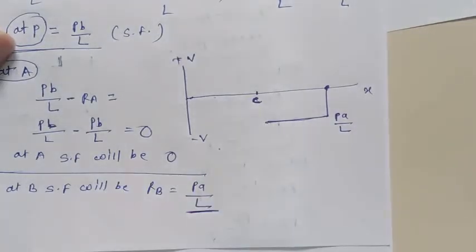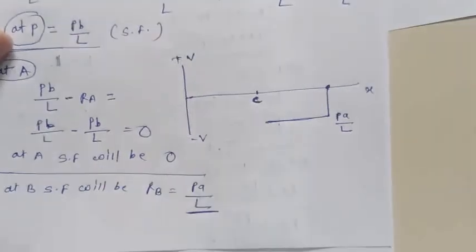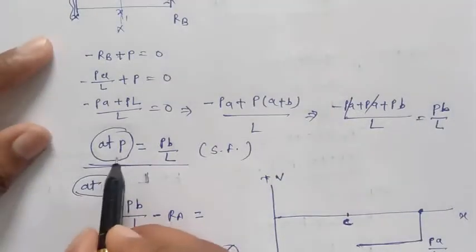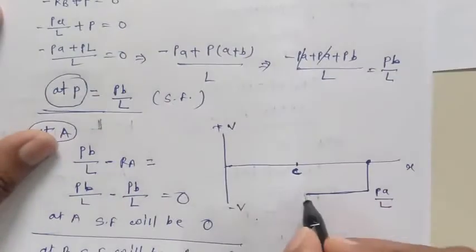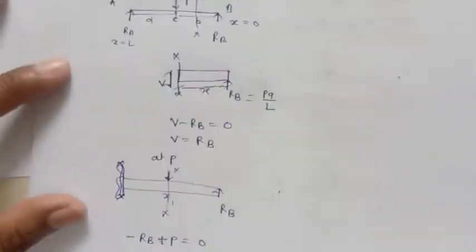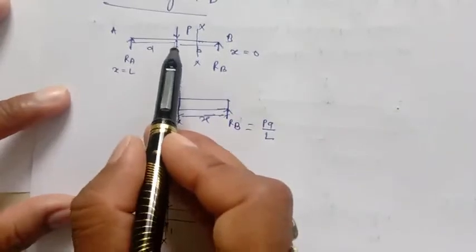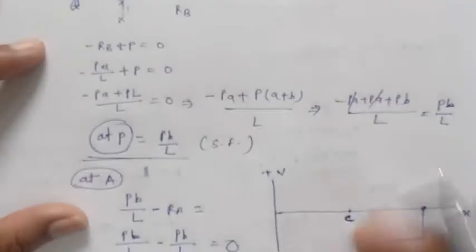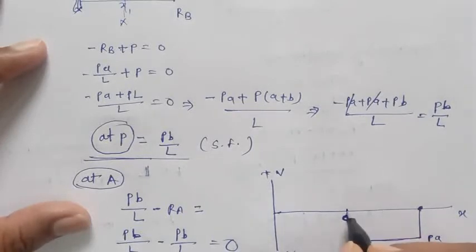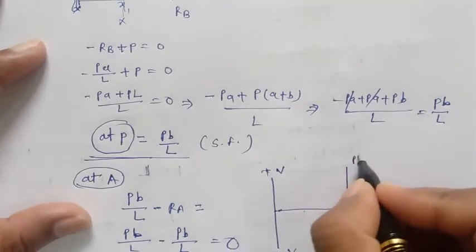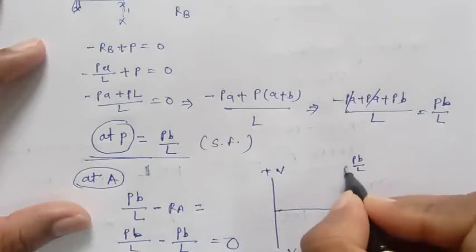But at P or at C, it is PB by L. Because it is a downward force, we take the positive diagram, so it will go from here to here, this is PA by L, and it will go to PB by L on the positive side.